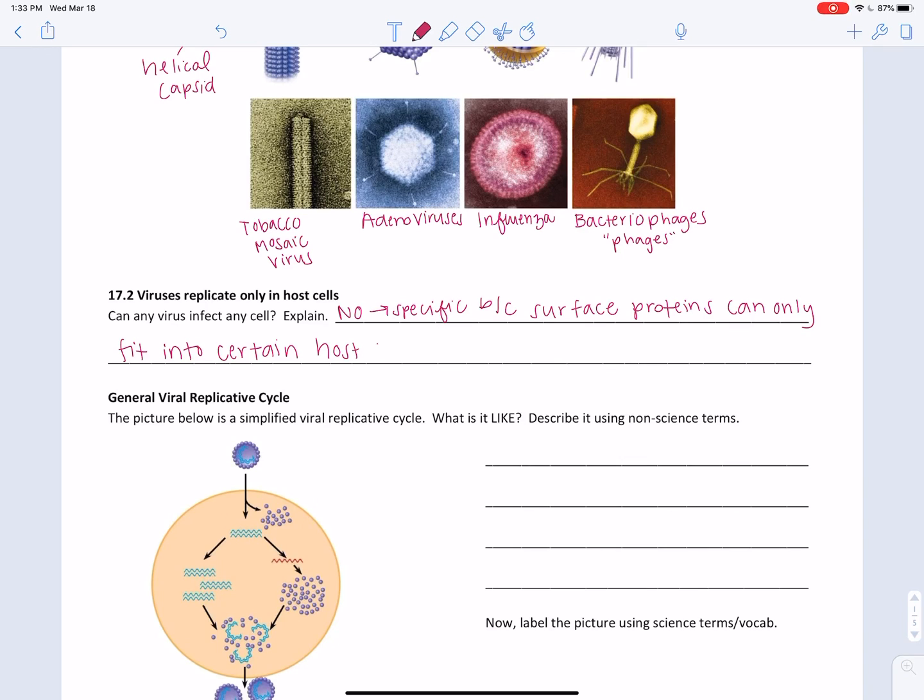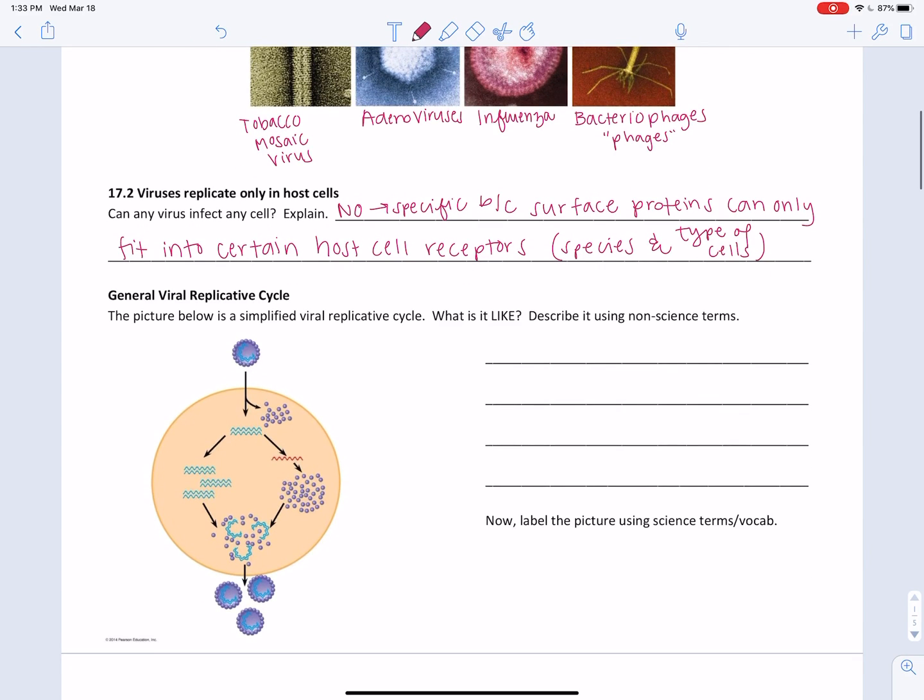And so this limits what species viruses can infect and what types of cells within those species. So for example, can I infect nerve cells or respiratory cells within the human species? So it limits what they can infect.